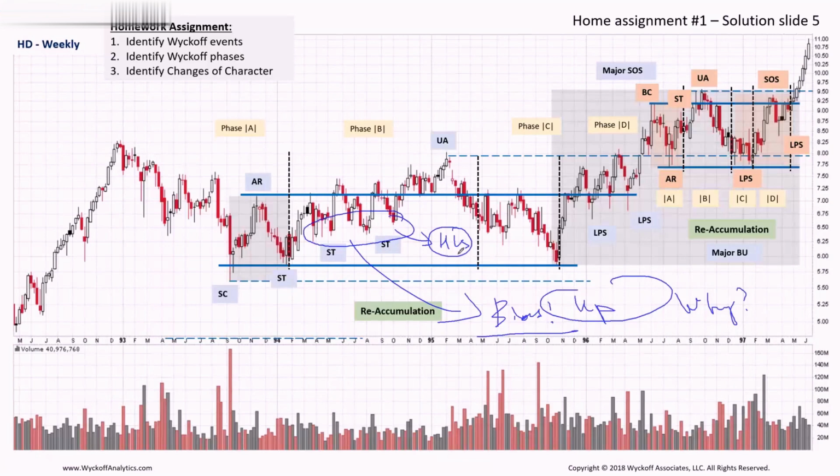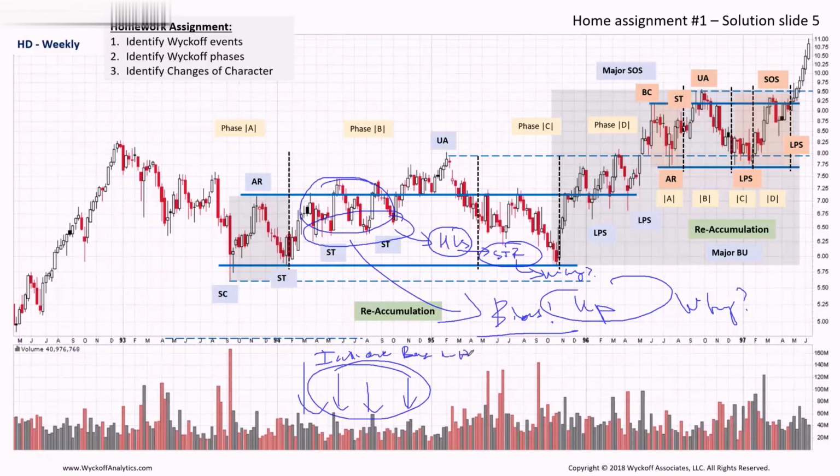And because it happens at the higher lows, this is a point of strength. Why is this a point of strength? Well, think about the institutions here, right? So someone's selling, but then someone's coming in and still produces some buys. So institutions are buyers in phase B at higher lows.